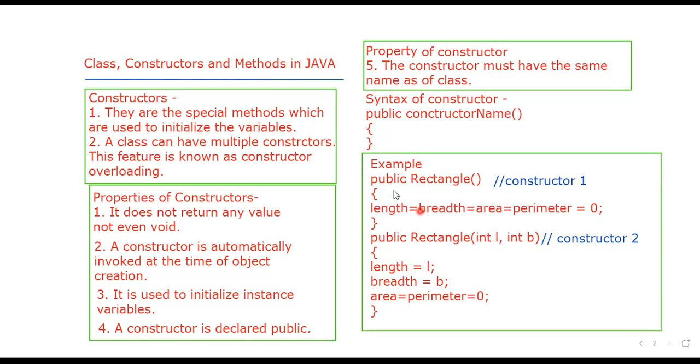Now see, this is one constructor which is initializing length and breadth with 0. This is second constructor which is initializing length with the given parameter L and breadth with the given parameter B. Whatever you write in this bracket, they are called as parameters.